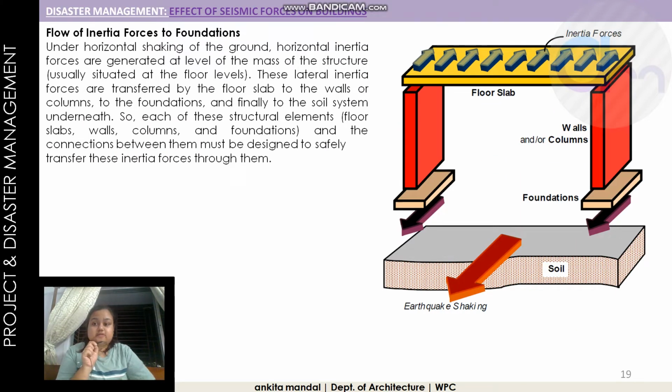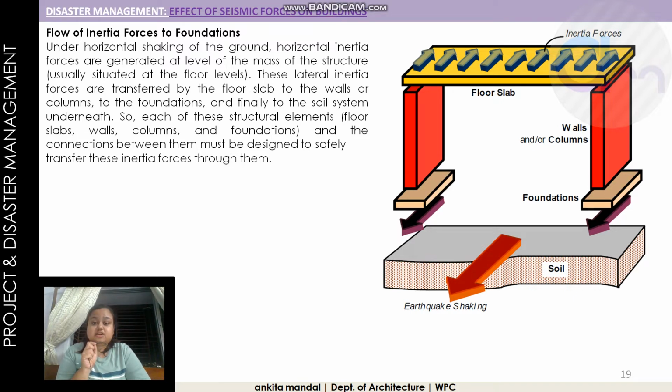So what is the flow of inertia to the foundation? Under the horizontal shaking of the ground, horizontal inertia forces are generated at the level of the mass of the structure, usually situated at the floor level. These lateral inertia forces are transferred by the floor slab to the wall or column, to the foundation, and finally to the soil system underneath.